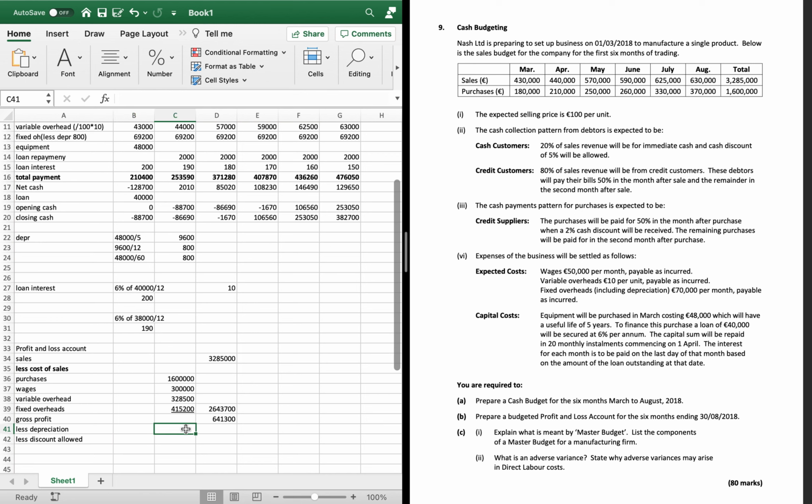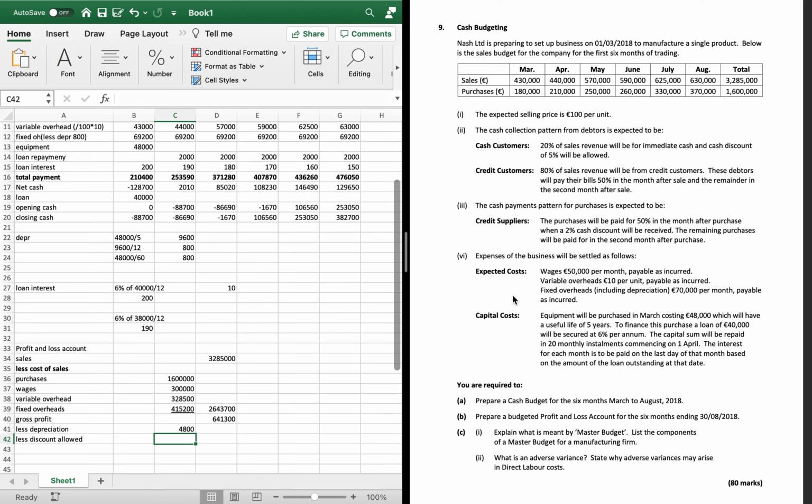So 800 by 6 is 4,800, and then our discount allowed is the discount we're giving our customers who we sell to.